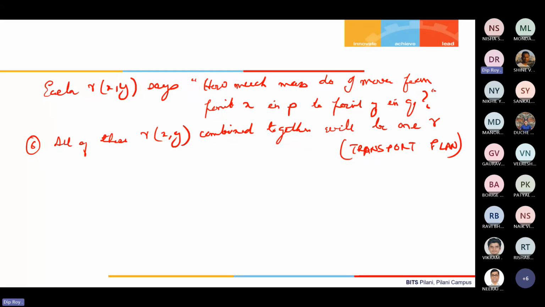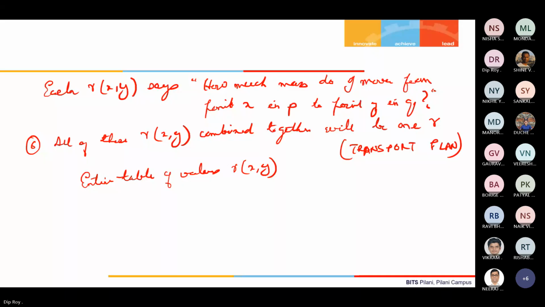What it is saying is that you will have an entire table of values, rho XY across all combinations of X and Y, and this is called the full transport plan rho.